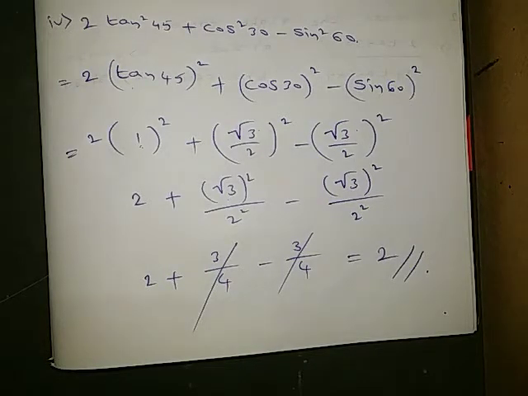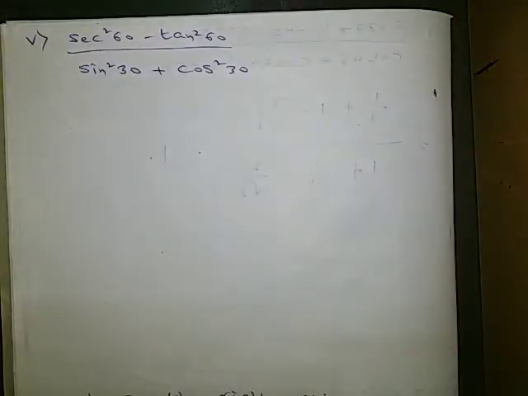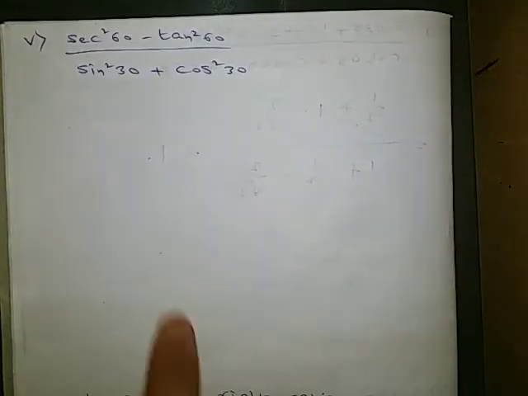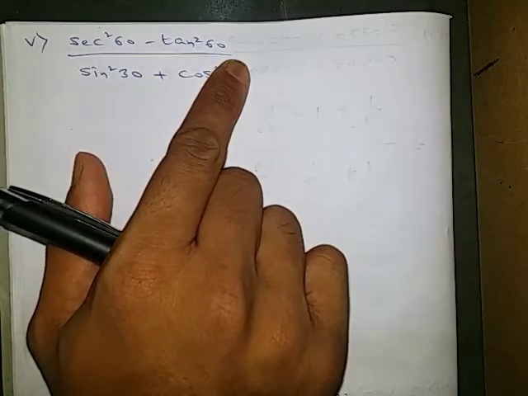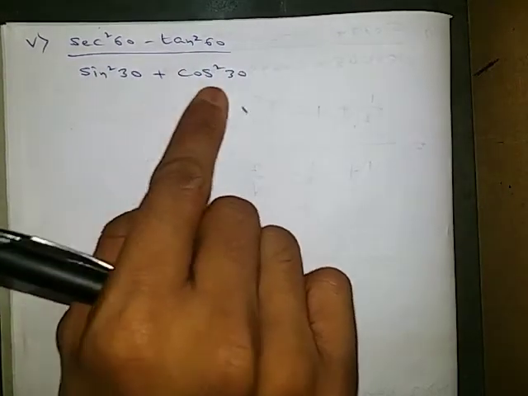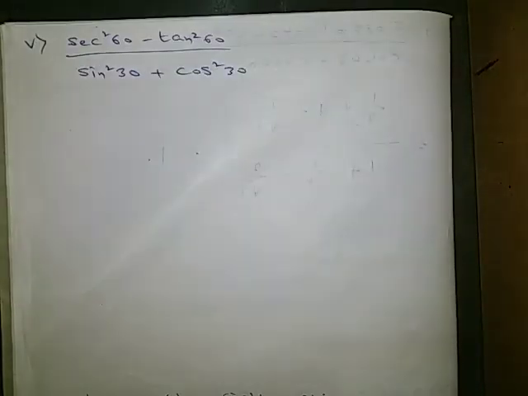Let's move to the next question. What is the value of secant square 60 minus tan square 60, divided by sin square 30 plus cos square 30?